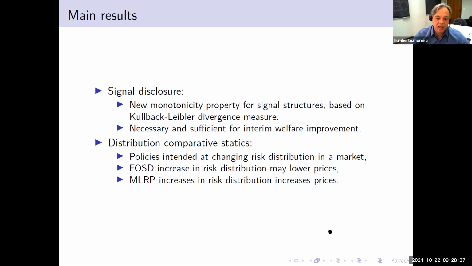And also, using this machinery, this characterization, we can do comparative statics for policies intended, for instance, at changing the risk distribution in the market. First, we show that first-order stochastic dominance increases in risk may lower the price instead of increasing it, which is surprising, but the MLRP condition, when increasing the risk distribution, really does increase the price.